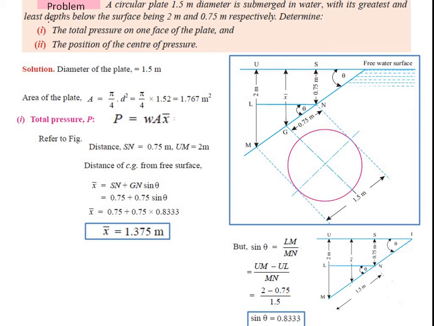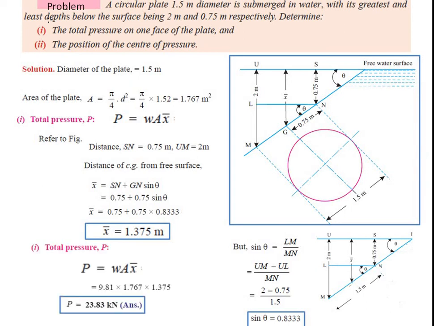Since the plate is submerged in water, what is the value of W? W is equals to 9.81. So putting these values here, we get 9.81 into 1.767 into 1.375. So it is nothing but 23.83 kilonewton.